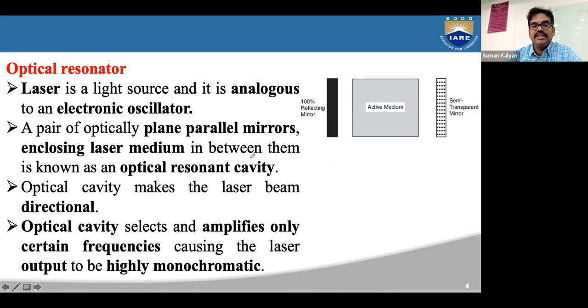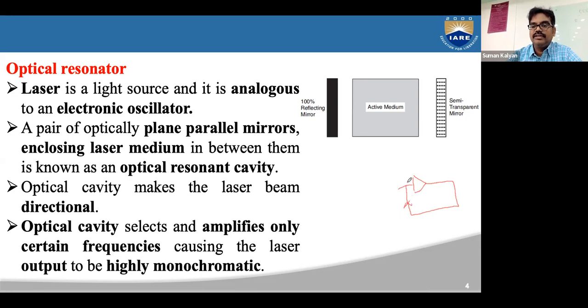Okay, so this is now analogous to an electronic oscillator. In an electronic oscillator, it is simply like an amplifier which has an input, and then we get an output. This output is fed back to the input.